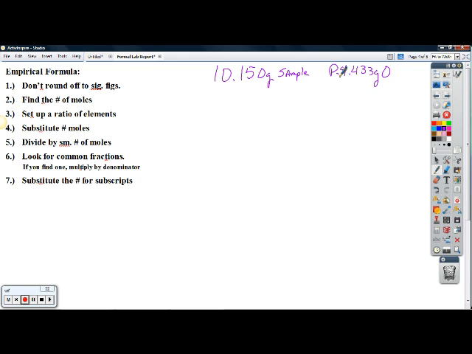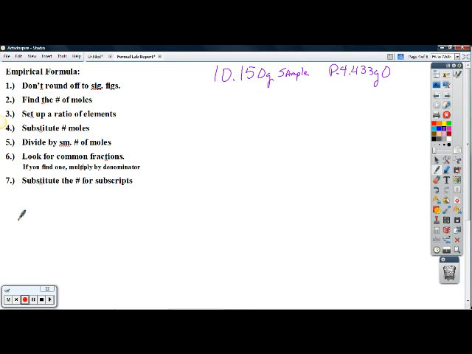Is there any way to get any more information than what I have? I can get the content of oxygen by taking this amount, which is the part, and subtracting it from the whole sample, because what's in the sample?